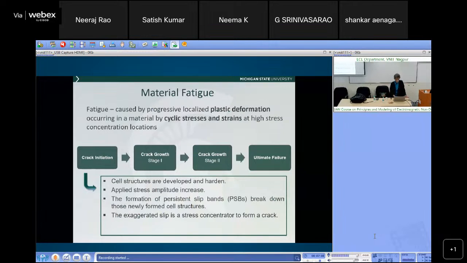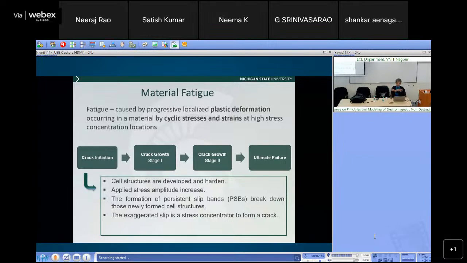And these kinds of fatigue due to cyclic stresses and strains result in crack initiation. And this happens at the grain structure level. And after repeated cyclic loading, this crack starts growing. It starts growing along the metal boundaries, okay, and that results in a lot of shear stress. And so there's a propagation stage 1 and stage 2.